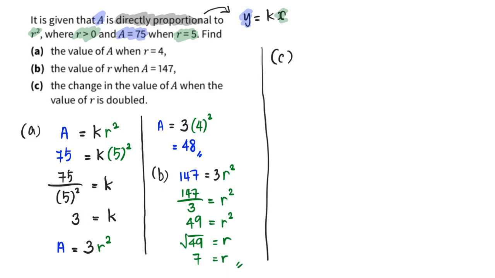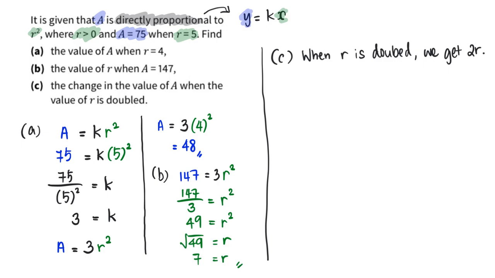Part C, what happens to a when r is doubled? So in this question here, I'm going to do some adjustment. First of all, when r is doubled, this means that the new R, we will get 2R.